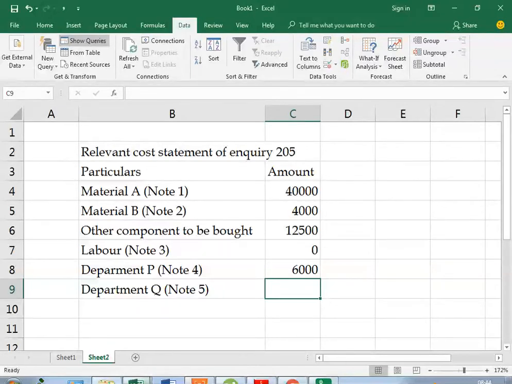No. So department Q does not have outside demand. The relevant cost is the variable cost. This is the note you will write: Department Q does not have outside demand, and hence the relevant cost is the variable cost.